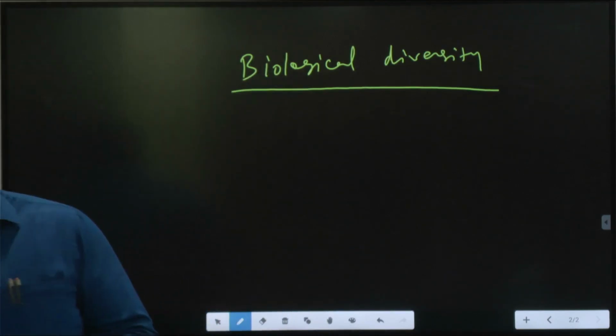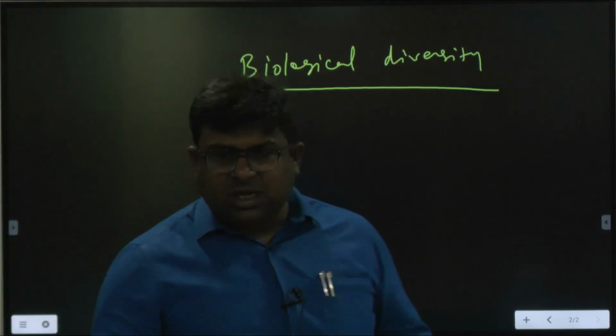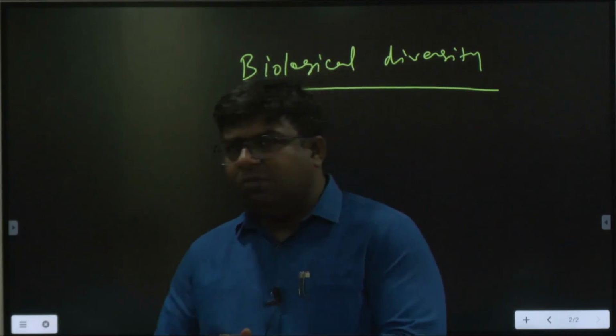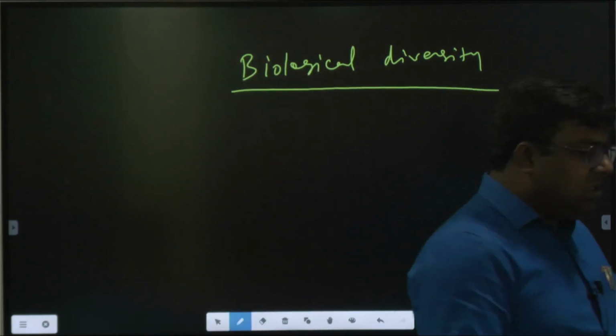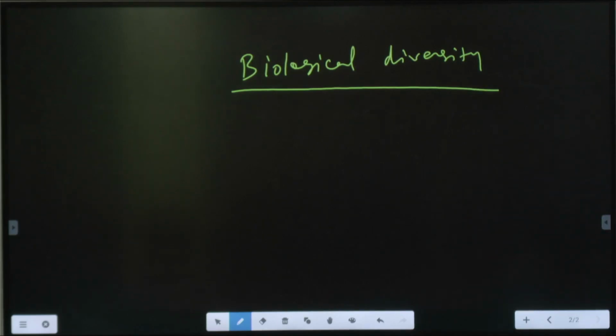Diversity means what? Varieties. Variety in biological life forms. We can interpret this term as variety in number of organisms, variety in number of species, variety in community structure, or variety in ecosystem also.